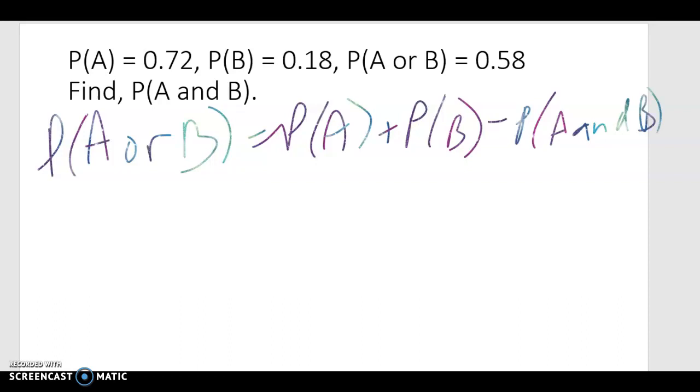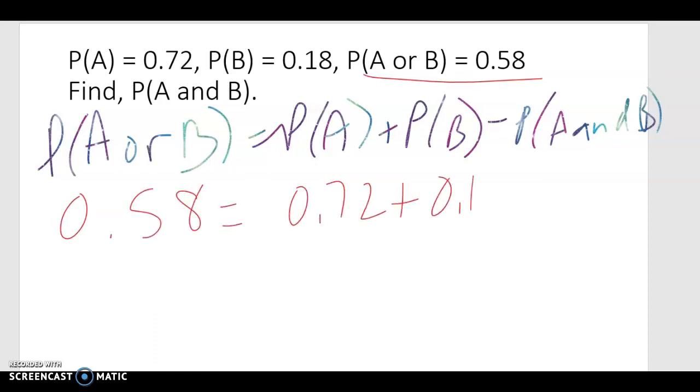As long as I know three of the four, I can use the solving of equations to find what I need. So I plug in the appropriate spots. I've got 58/100, I've got 72/100, I've got 18/100, and my unknown value. So now it's a matter of solving this equation.